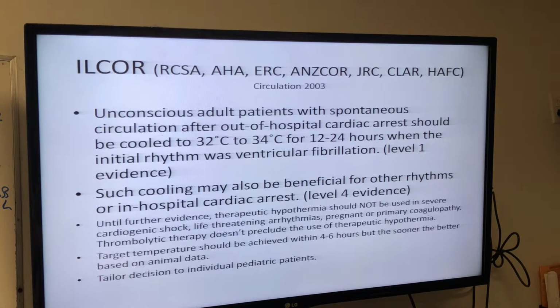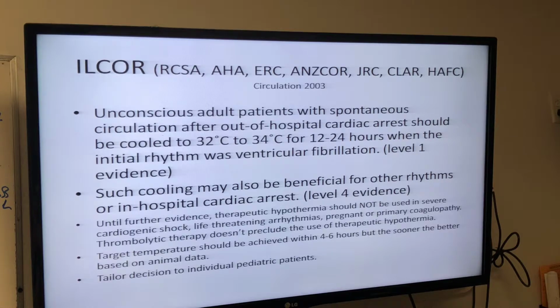But because they are heart associations, because guidelines are cooked, thrombolytic therapy doesn't preclude the use of therapeutic hypothermia. It doesn't make any sense, right? If you're worried about bleeding from therapeutic hypothermia, don't use it. And by the way, bleeding in therapeutic hypothermia is overrated. It doesn't happen that much.